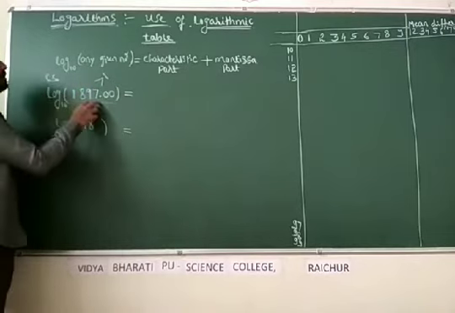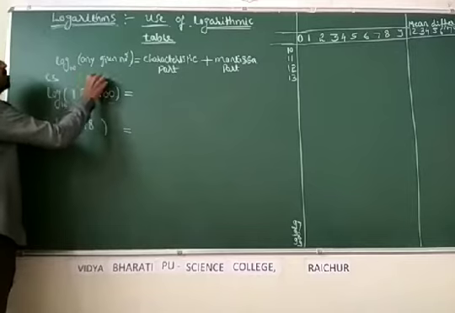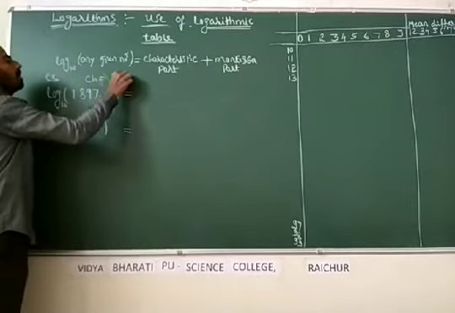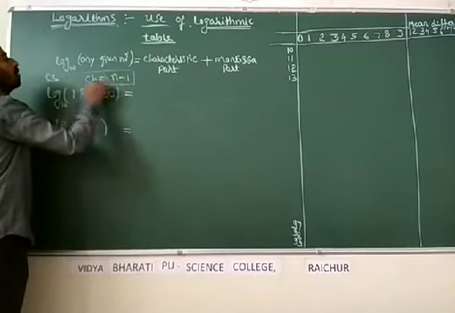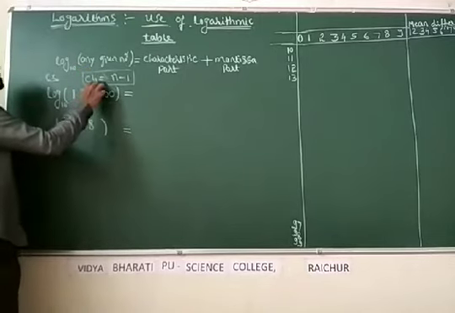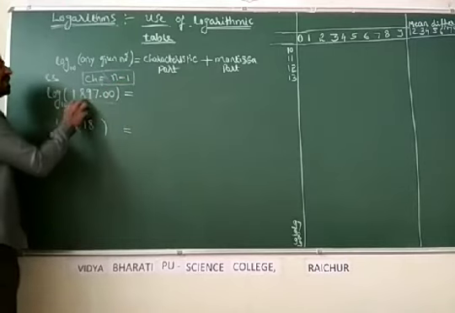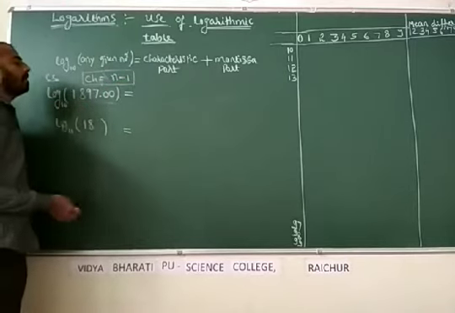If the given number is greater than 1, then the characteristic of that number is equal to n minus 1. We are supposed to follow this rule to find its characteristic. That is, characteristic Ch is equal to n minus 1, because 1897 is greater than 1.